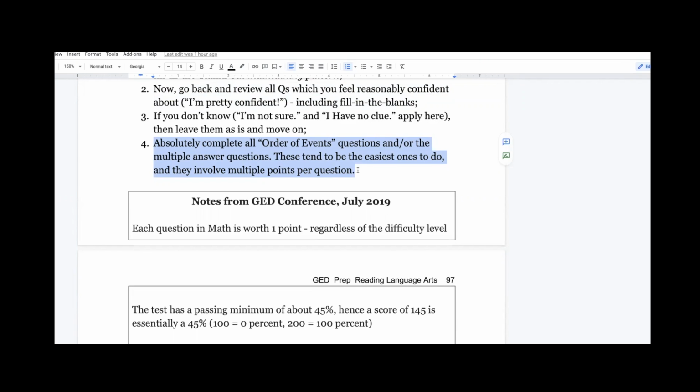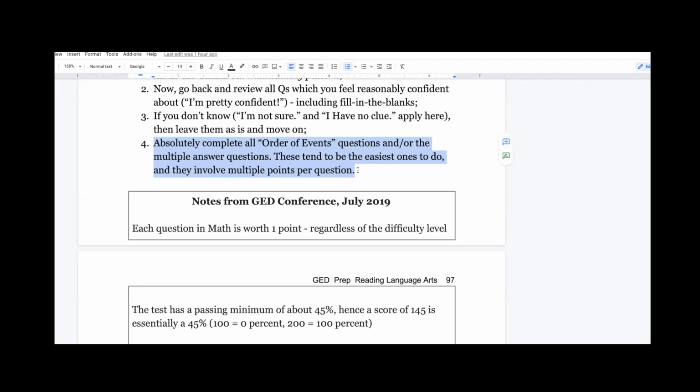And the reason is those questions, even though it's like question 7, and you're moving these boxes around and plopping them into these squares, that one question, let's say it has 4 boxes, is worth 4 questions because it has 4 answers. Remember that. Always try to do those questions that are like order the events. Number 1, they're worth a lot, maybe 4 or 5 questions worth.